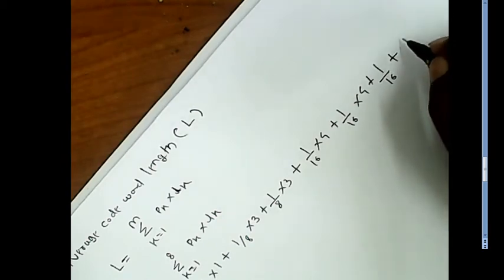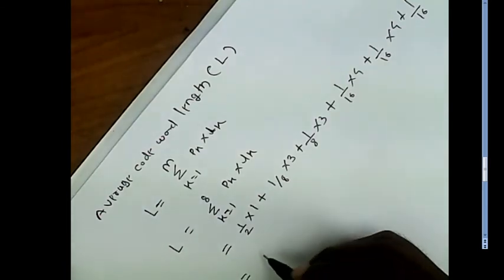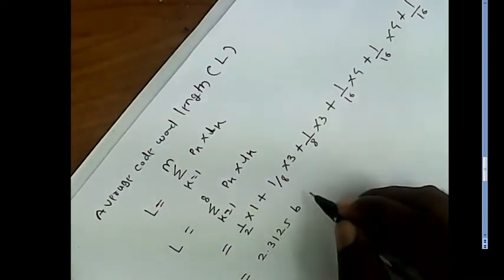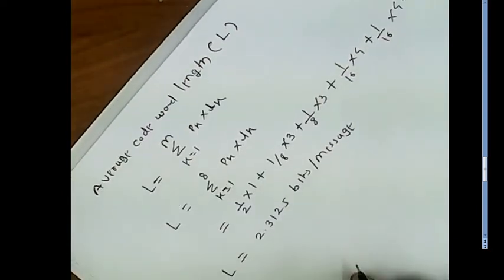Then probability of the seventh symbol 1/32 into 5, and again 1/32, length of the eighth symbol is 5. When we calculate the whole expression, we get the average code word length, capital L, equal to 2.1325 bits per message. Bits per message is the unit of average code word length.